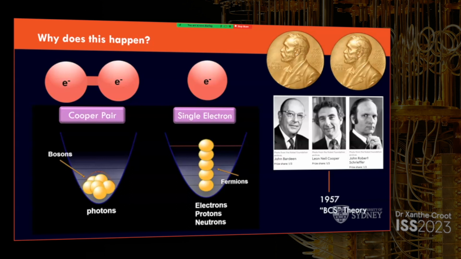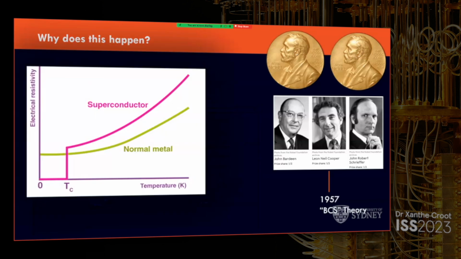And that's exactly what happens as a superconductor transitions through its critical temperature, and all the electrons pair up in Cooper pairs. Suddenly they can collapse into the same low energy state and basically move through the lattice without any resistance. And so this is the physics of why materials will superconduct.